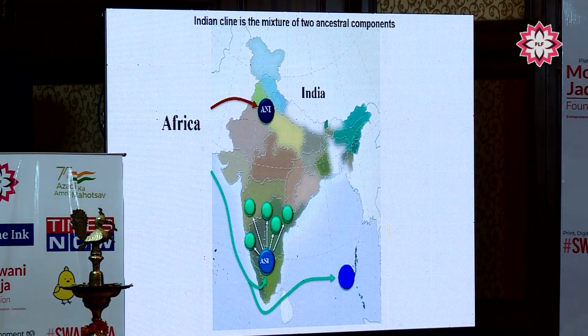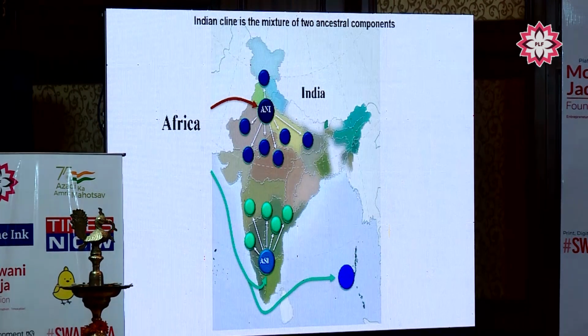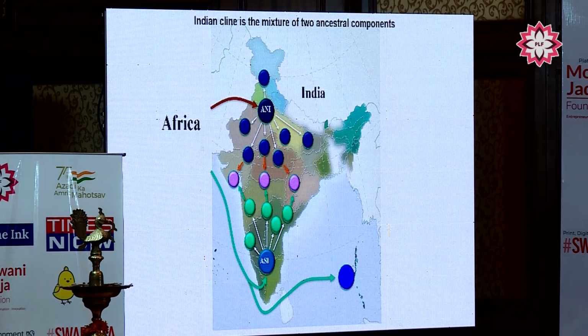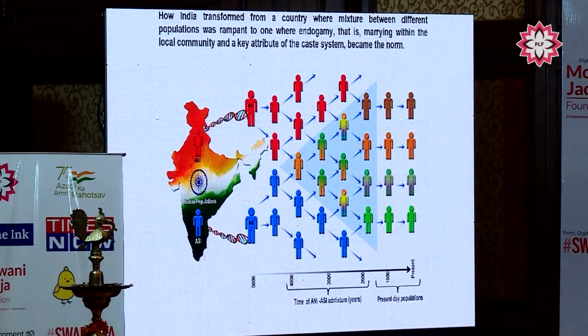When this ancestral source was formed, migration started taking place, and a few groups of ANI started migrating towards South India and mixing somewhere around 4 to 5,000 years back, and after extensive mixing events over thousands of years, this is the current scenario of modern India.